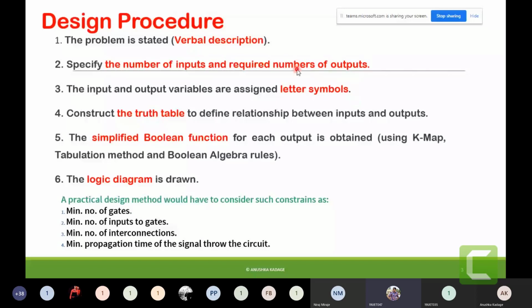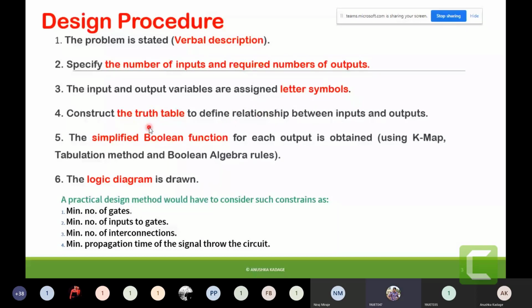After defining the number of inputs and outputs, as a next step, we have to assign letter symbols for those input and output variables. Once the letter symbols are assigned, the next step is the truth table formation, defining the output corresponding to each input combination, using the relationship defined in the given problem statement.